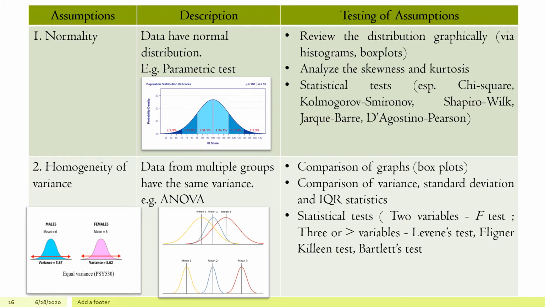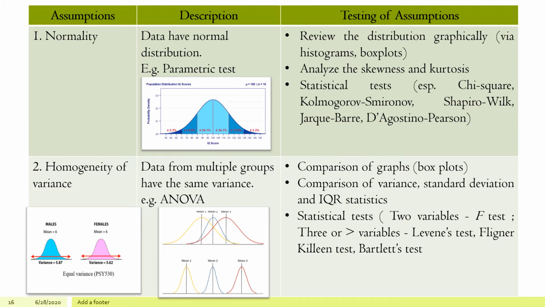The second assumption is homogeneity of variance. Here, data from multiple groups have the same variance. For example, if you want to measure whether there is a difference in height between batch 21, batch 22 and batch 23, our assumption is homogeneity of variance. That means batch 21 independently differs from batch 22 or batch 23 in their heights.